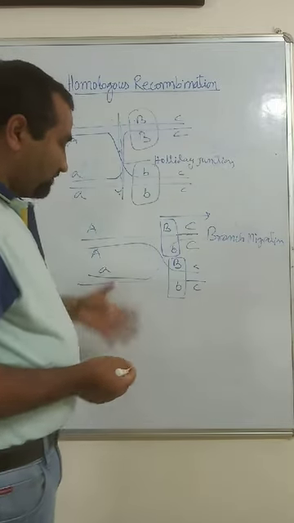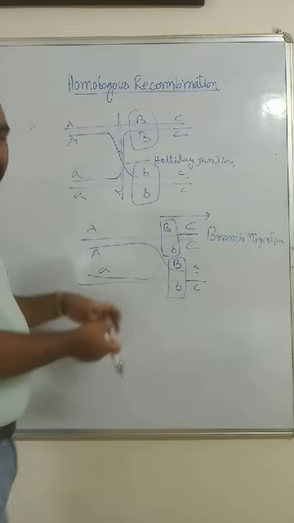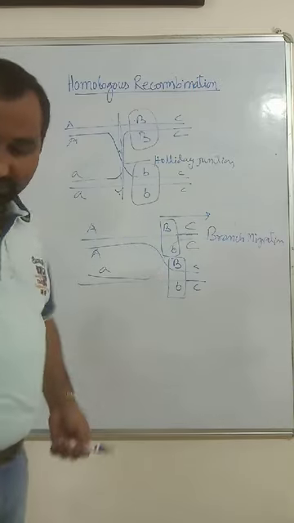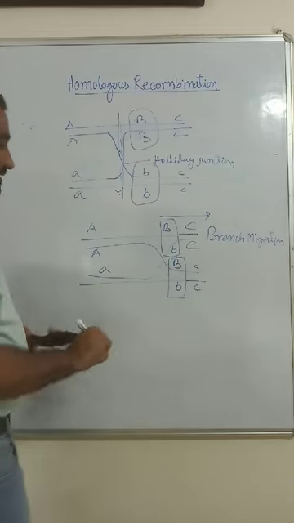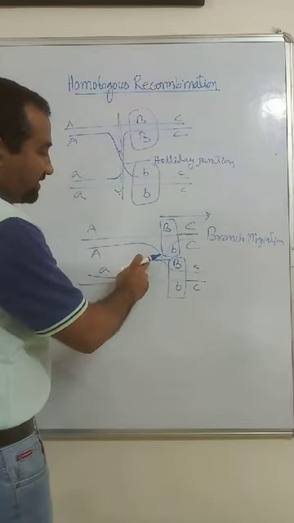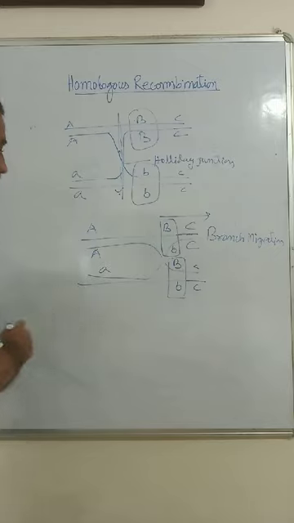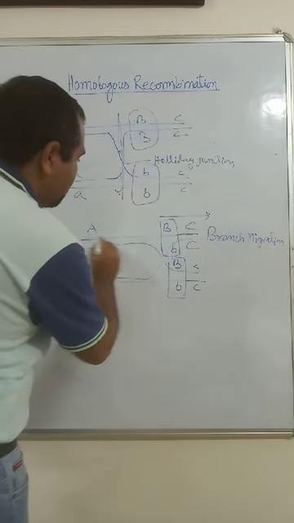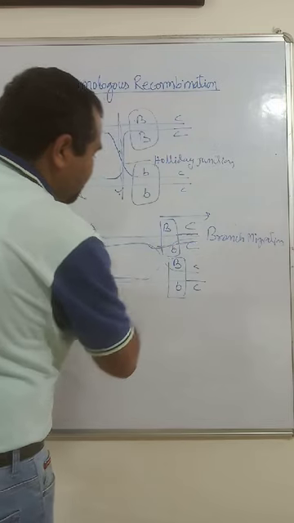Now the separation: how do both of these joined chromosomes get separated? One possible way is, if a cut is made at this portion, what will happen is we will have this, and this strand will be synthesized.